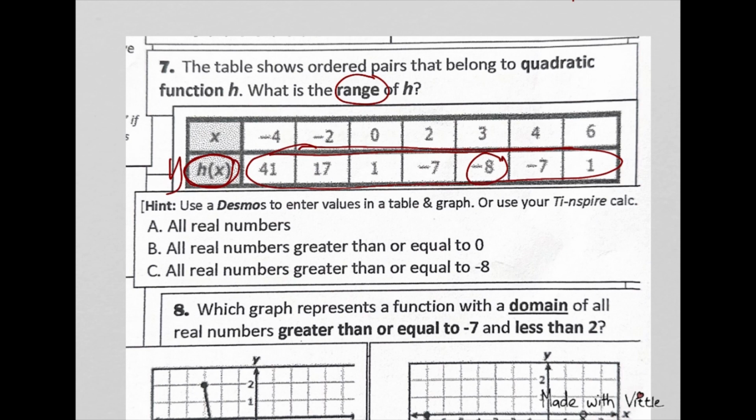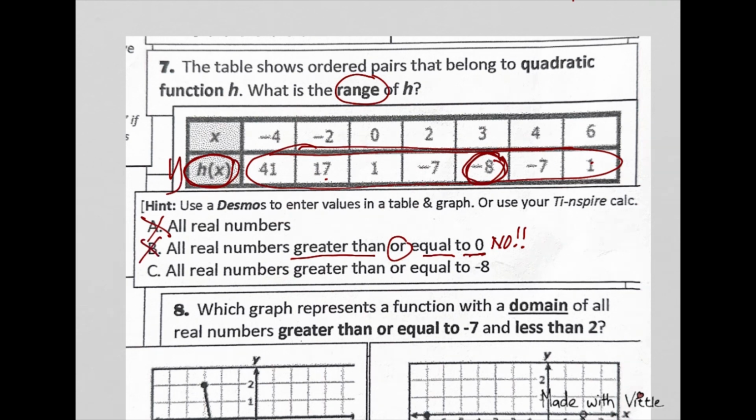Letter A says all real numbers. You can see that it's not going to be all real numbers for y, because negative 8 is the smallest; you can see negative 7, positive ones. Therefore, it's not going lower than negative 8. So it's not all real numbers. It's not even B, all real numbers greater than or equal to 0.